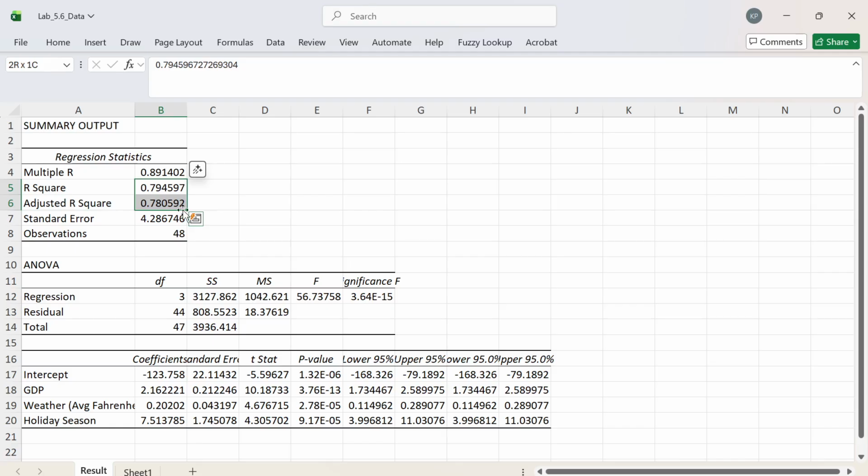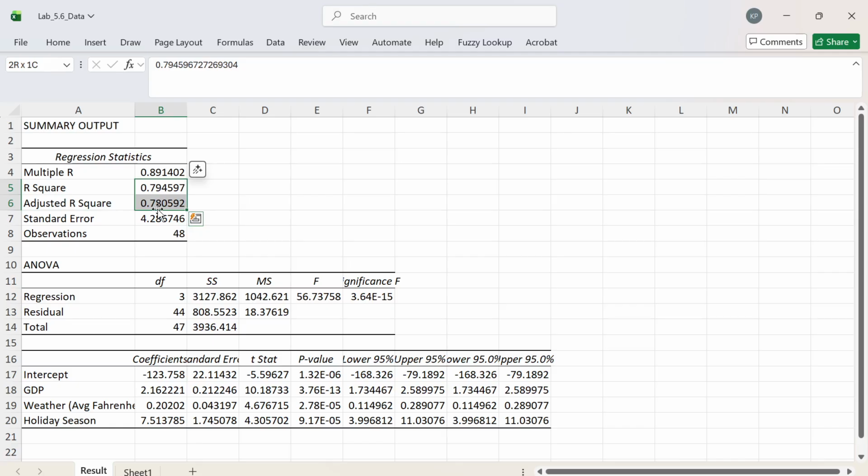So in multiple linear regression, we check adjusted R square. Generally, adjusted R square and R square are values between 0 and 1.